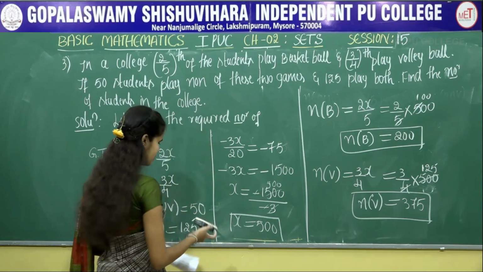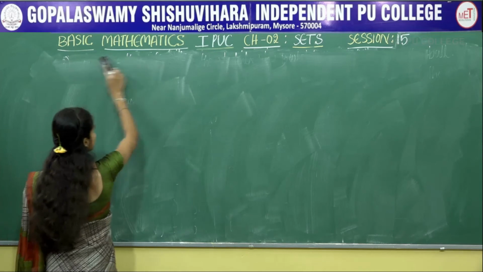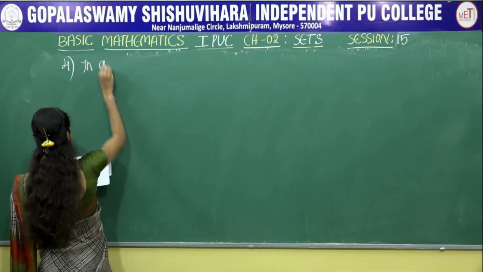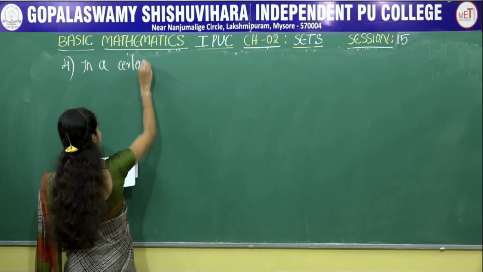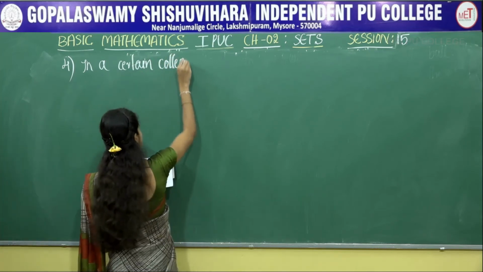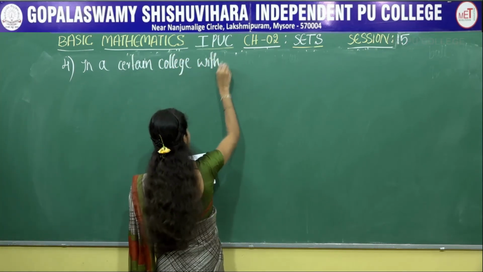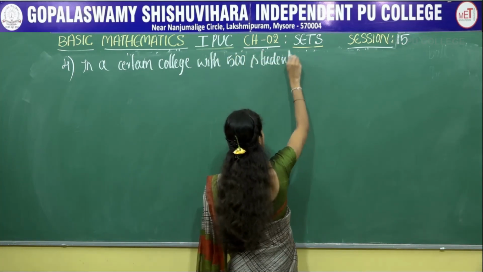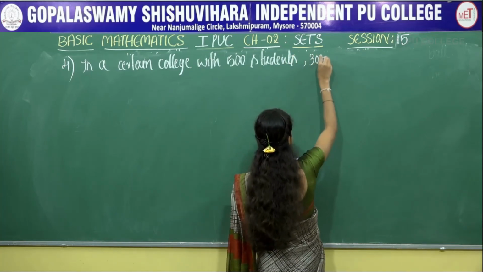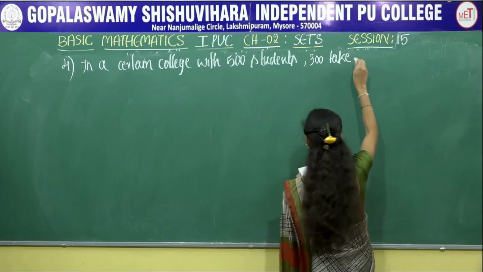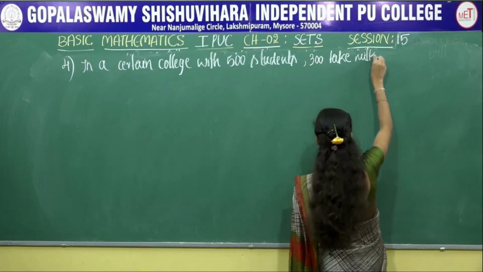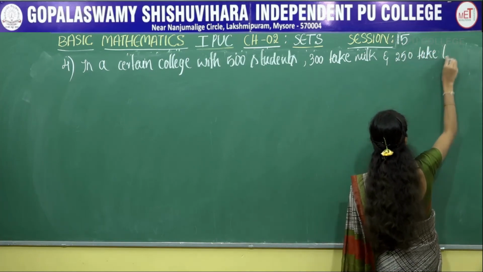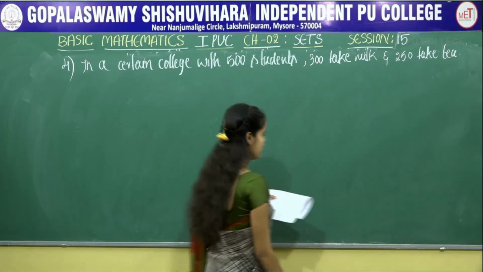Okay. Next, last problem. Next problem, the fourth one. In a certain college with 500 students, 300 take milk and 250 take tea.